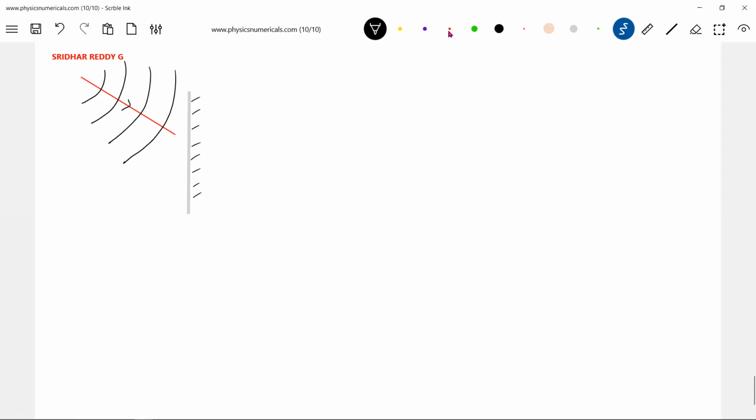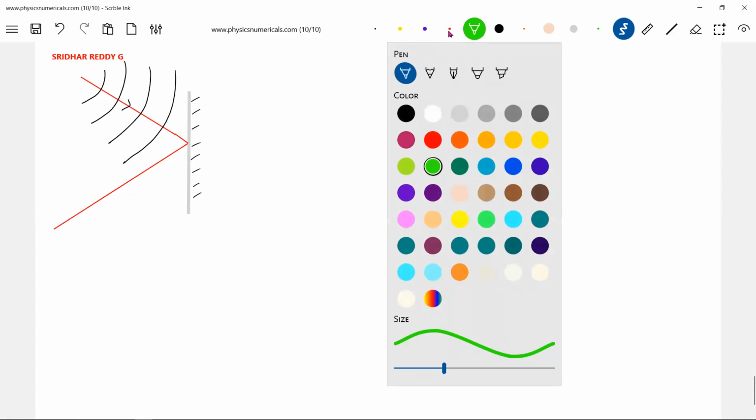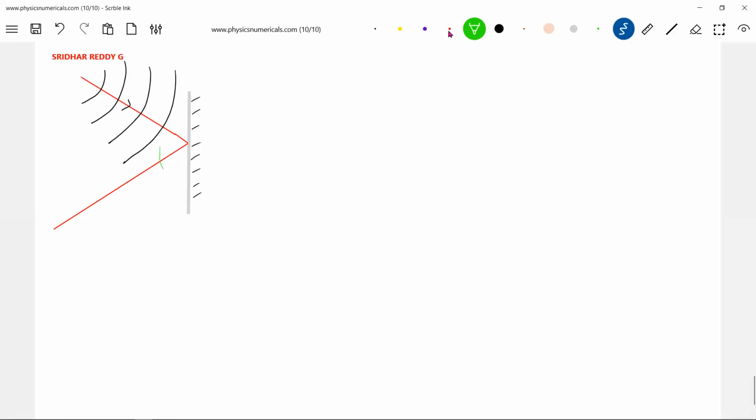How will the reflected wavefront be? According to Huygens theory, the angle of incidence equals the angle of reflection. So the reflected wavefront, let me show by green color. This will be the reflected wave.